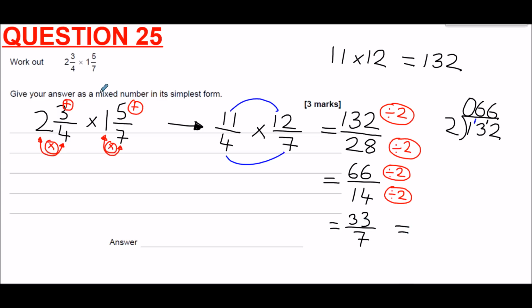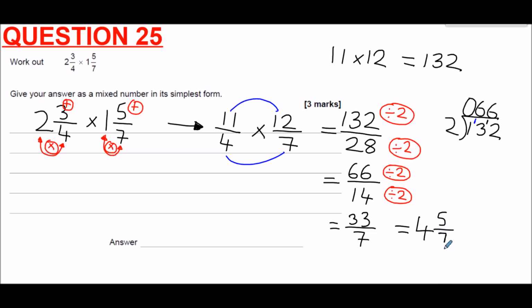Now finally, put it back into a mixed number like it asks. We do this by seeing how many times we can fit 7 into 33. 7 into 33 will go 4 times. 4 7s are 28. Then how far away from 33 is 28? Well, 33 take away 28 would give us 5.